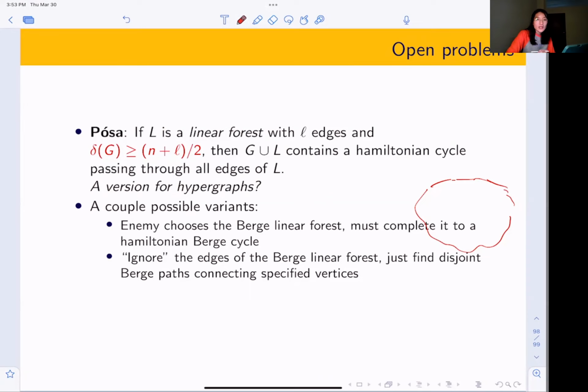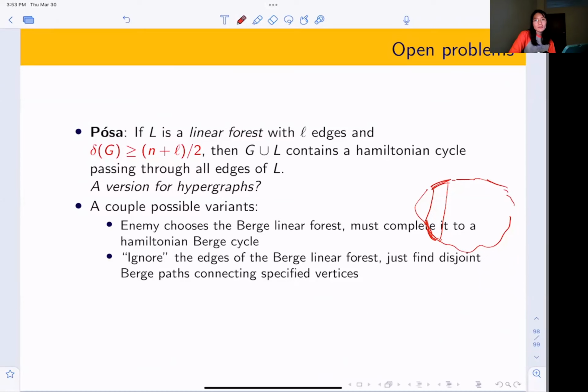The difference here for the hypergraph is that this edge may contain many different vertices, so in particular, I cannot use this edge somewhere in the Berge cycle over here. So there's a challenge here where I'm both choosing the vertices and also the edges to throw out.